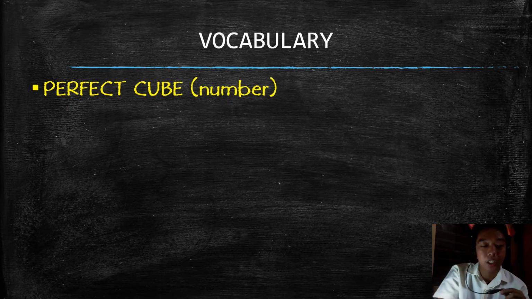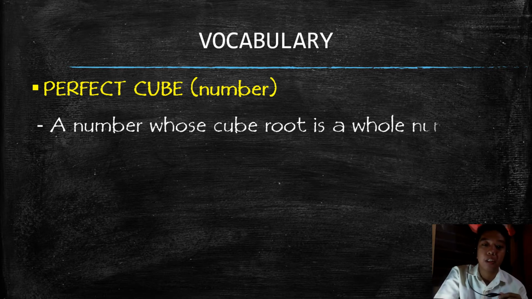Okay, so eto na. Sir, ano nga ba yung sinasabi mo kanina na perfect cube? Okay, pag sinabi natin perfect cube number, we are talking about the number na kung saan pag ginamitan natin ng calculator or yung sa iba, familiarized na sa mga perfect cube numbers, ay whole number yung cube root niya.